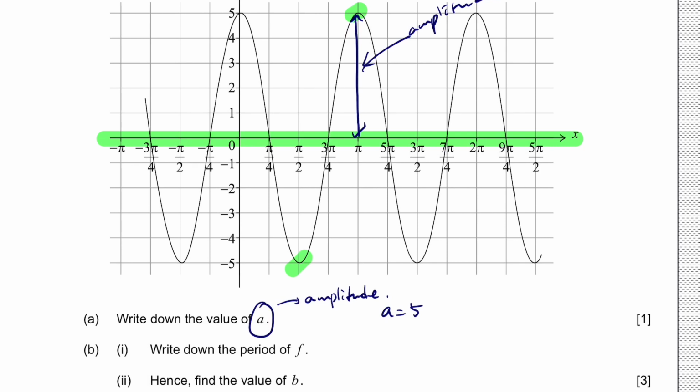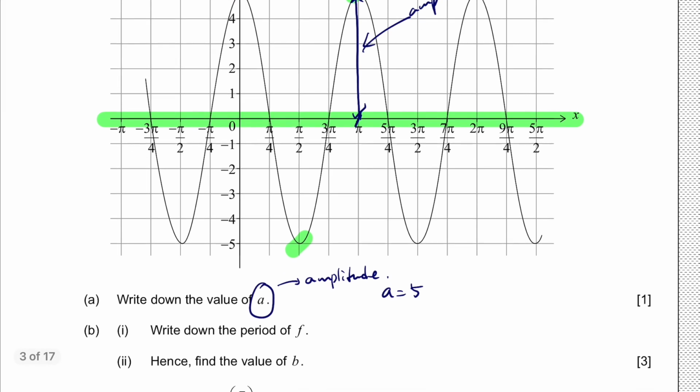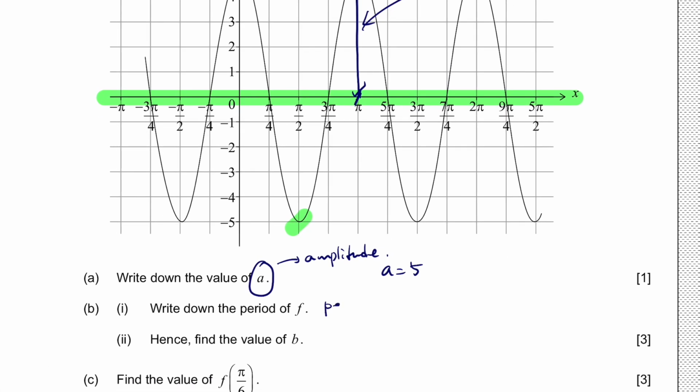Question B, let's identify the period of the function f. You can see that the cosine graph always starts from this point here, x equals 0, and then it finishes at pi. You can see that one full rotation happens from 0 to pi. So your period is pi. Hence, we need to find the value of b.